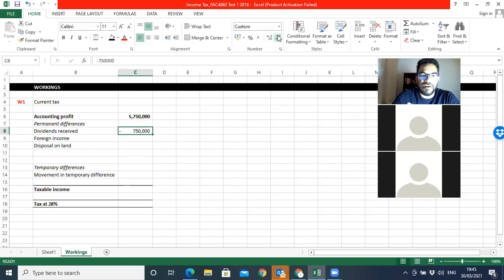So I'm going to say again, included in the 5.7 million of accounting profit is dividends received of 75,000 Rand. From a SARS point of view, that is exempt. They do not want to tax it. So in order to correctly account for it from a SARS point of view, we need to remove it. The way we remove it is by subtracting it. Why? Because dividends received increased accounting profit. So to remove it, we need to decrease. 74,500. Oh, 74,500.